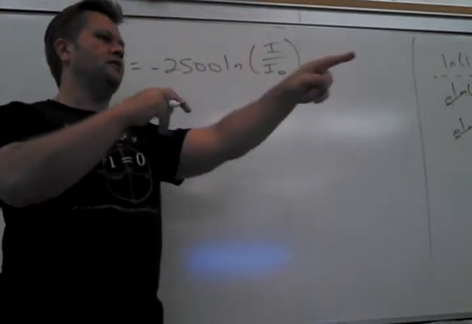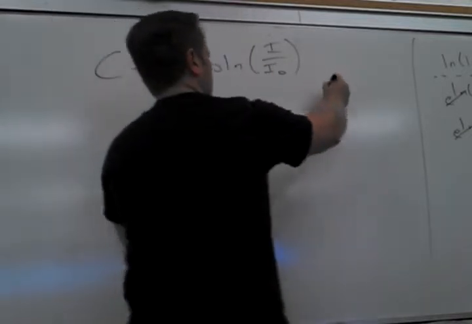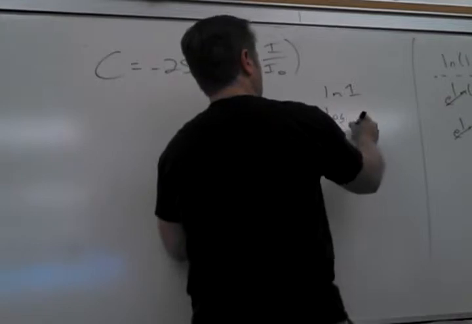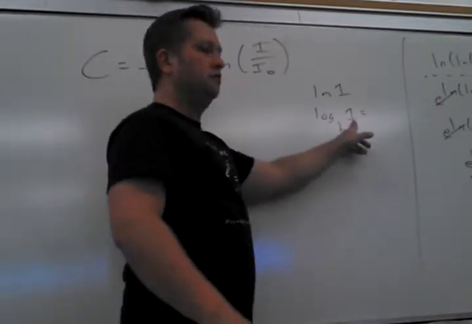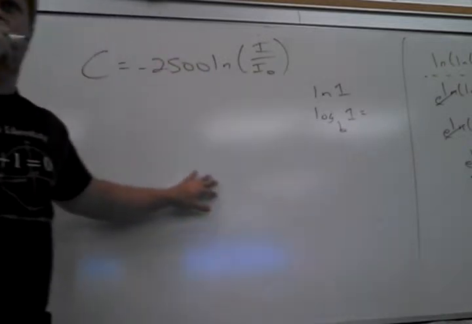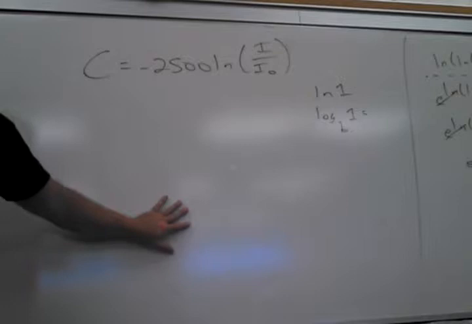Zero. Okay. Look at that. She's so smart. Ln, any log base anything of 1. What do I raise a base to make it 1? 0. Okay, we just said that earlier, so don't forget that. Any log of 1 is 0.